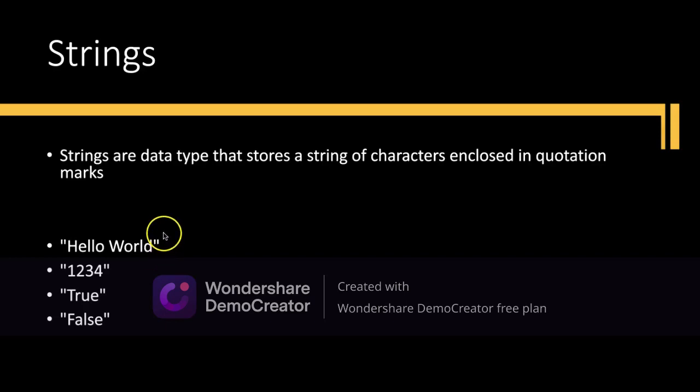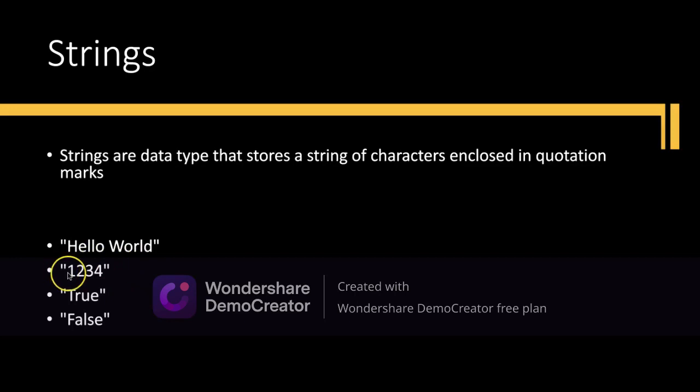In this string, we can see that this is a string of characters. To be exact, there are 1, 2, 3, 4, 5, 6, 7, 8, 9, 10, 11 characters in this string. And you see that it's enclosed in quotation marks.